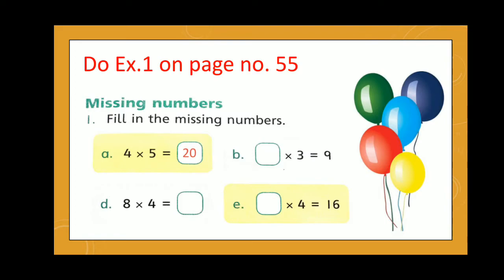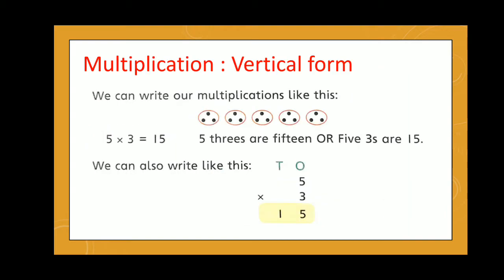And which table will you learn? 3 times. So the answer will be equal to 9. Yes. Now read the table of 3: 3 multiplied by 3 is equal to 9. This is how you have to complete the exercise. Read the table and complete the sums in your book.